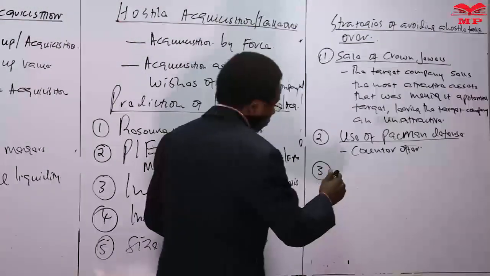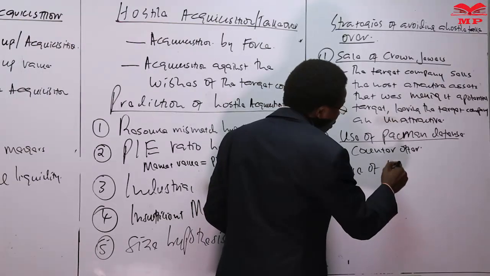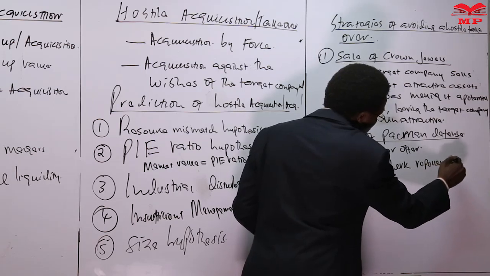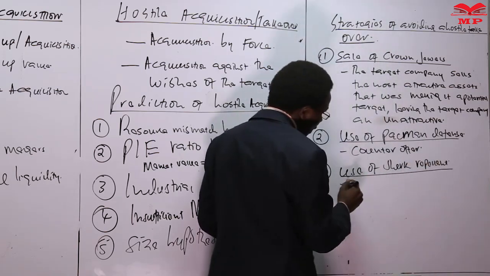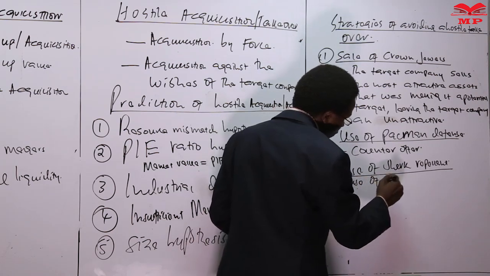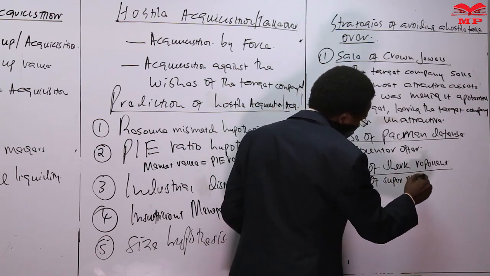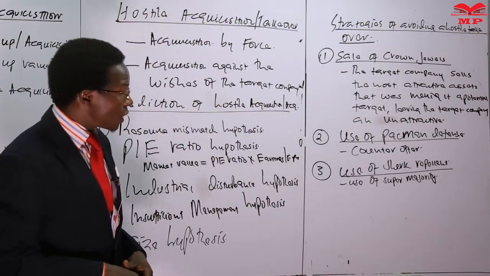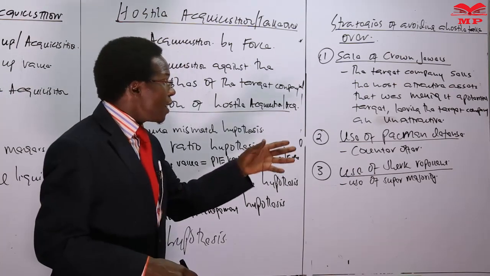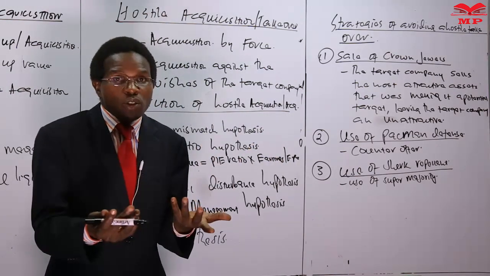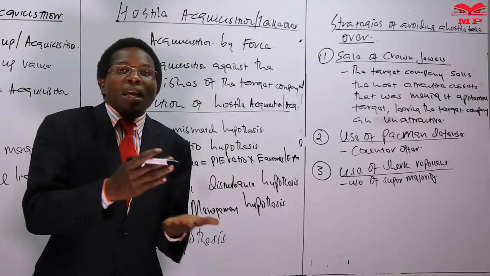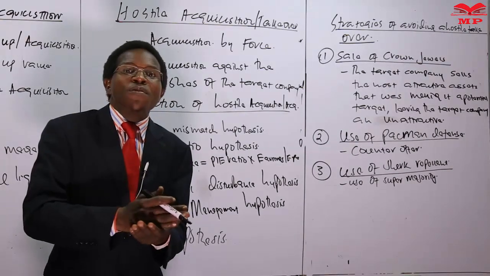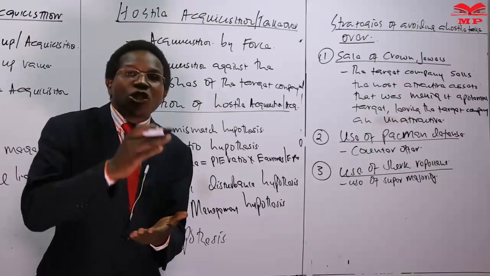Number 3, shark repellent. Use of shark repellent. This is the use of supermajority, whereby you amend the Articles of Association such that the acquisition or takeover can only succeed if it has been approved by the majority shareholders.